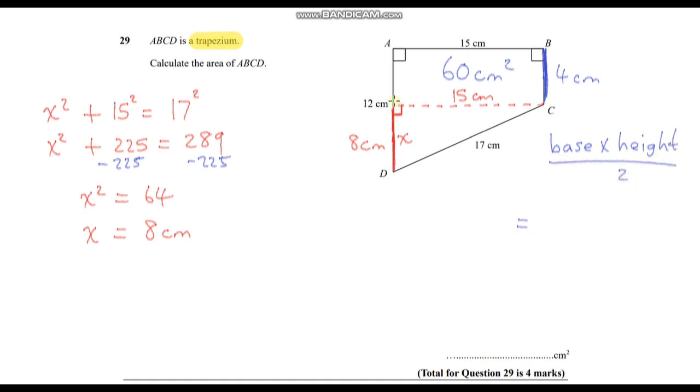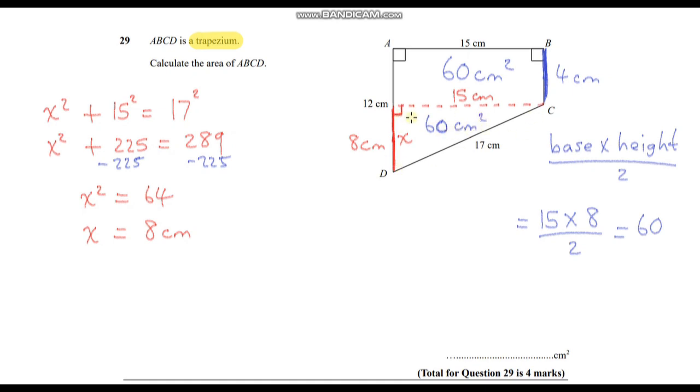So the base, this is our base because the triangle is just being rotated. Or you could think about this as the base. It doesn't really matter which way round we think about it. It's just going to be 15 times 8 divided by 2. So 8 divided by 2 is 4. 4 times 15 is 60. So that is also going to be 60 centimeters squared.